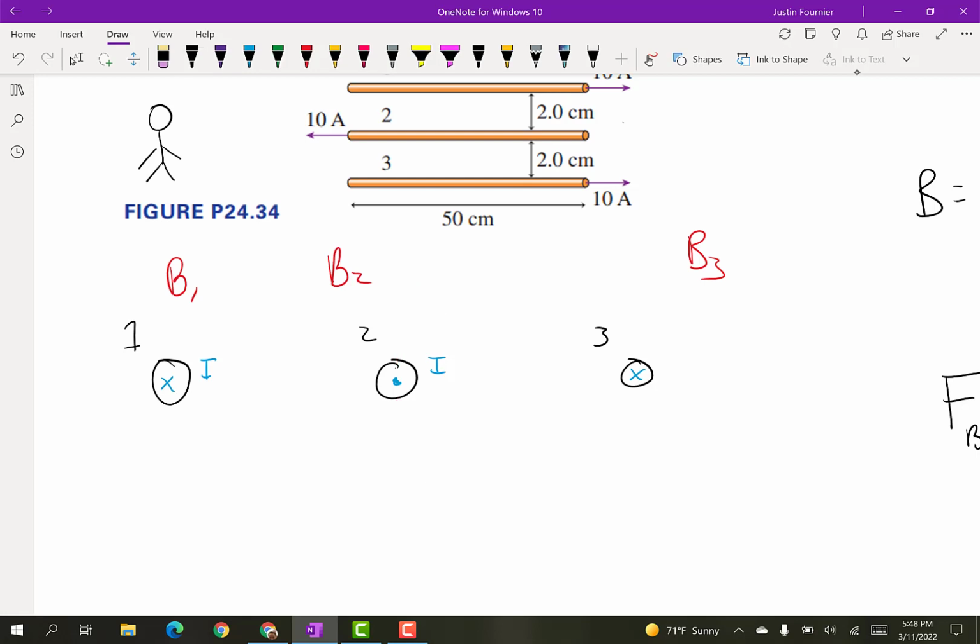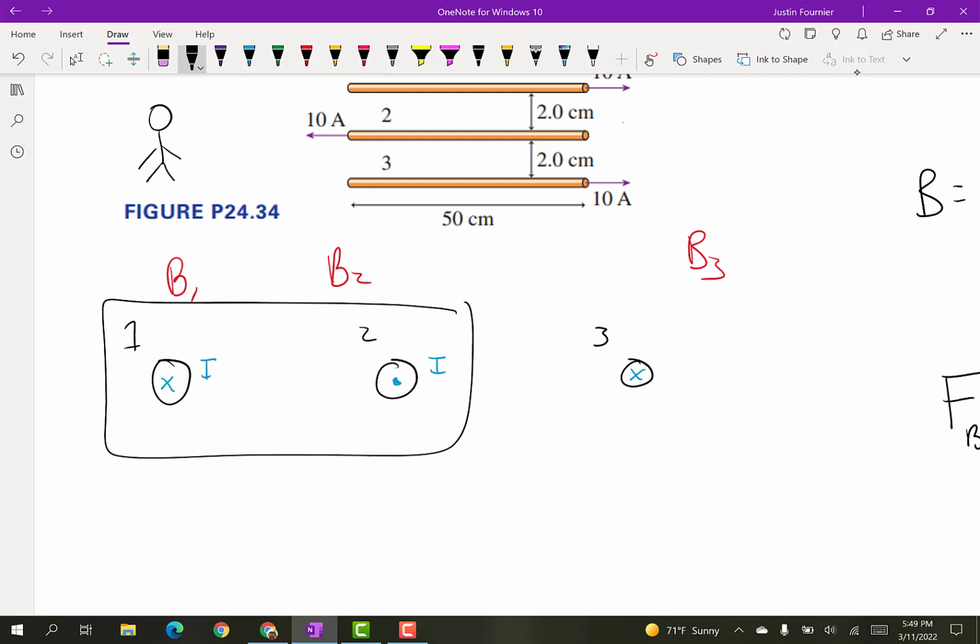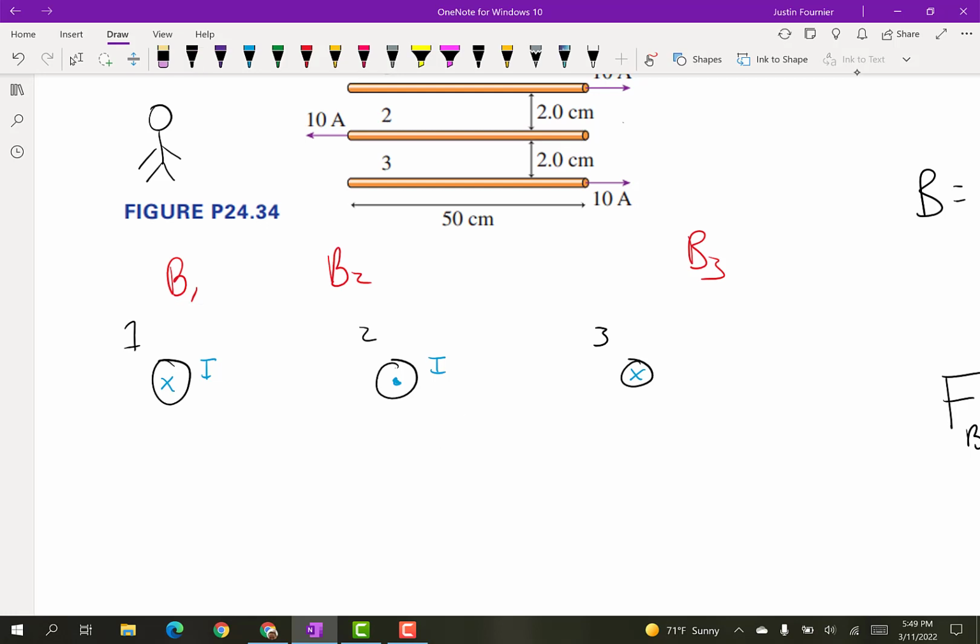Now I'm only going to find the magnetic force due to one of these, because I can do the same thing over here and I'll get a slightly different answer, and I'll explain what's going on there.